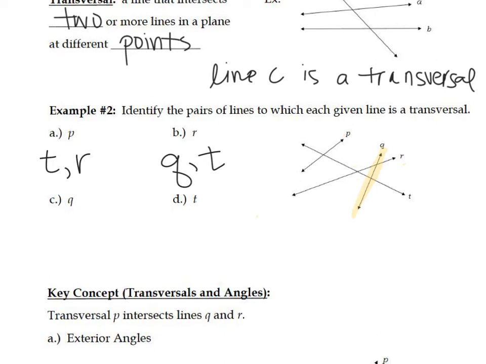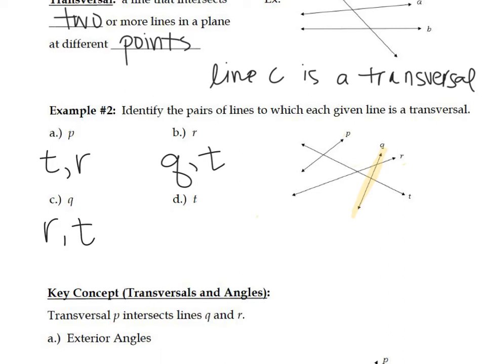So it goes through lines R and T as well. So as we can see, we can have two different transversals that intersect the same two lines, because P and Q both intersect lines R and T.